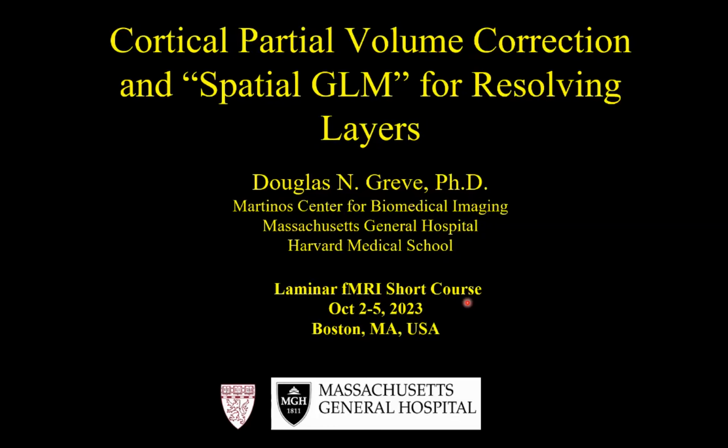Right there. So this is a talk on partial volume correction using this thing called the spatial GLM. And this is important because when you talk about layers, you're talking about very, very thin slices of tissue in the context of relatively large voxels.